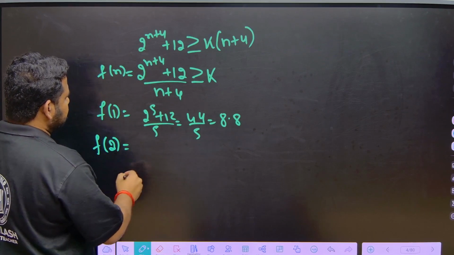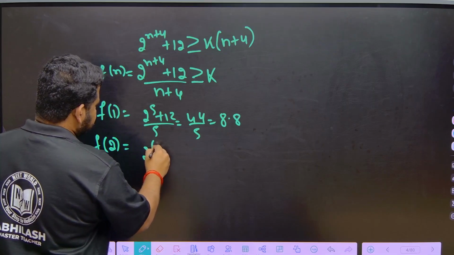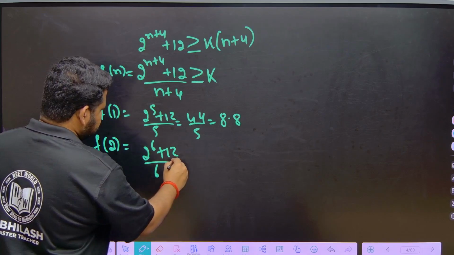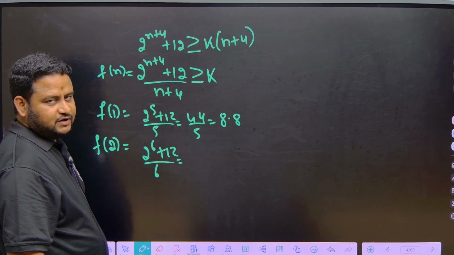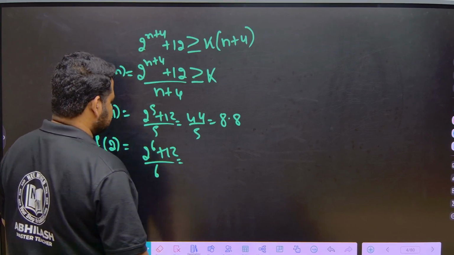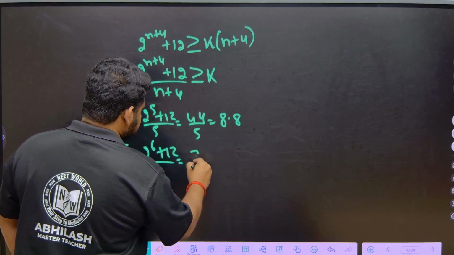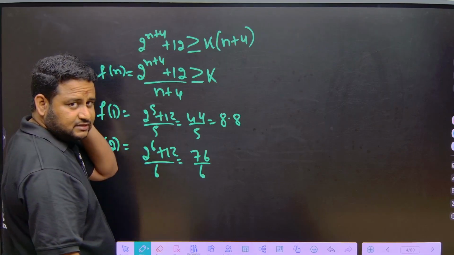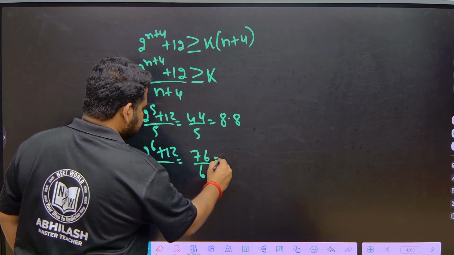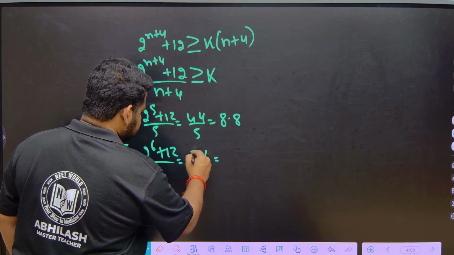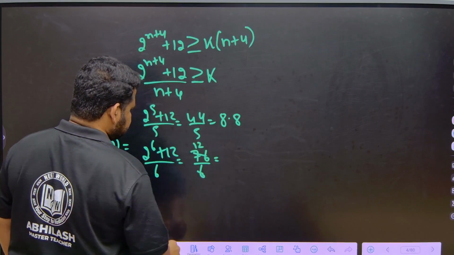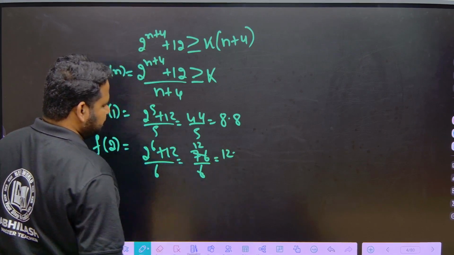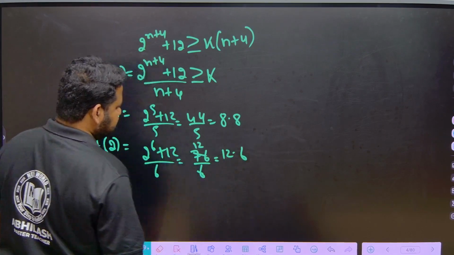Similarly, if I put f of 2, this will give me 2 to the power of 6 plus 12 divided by n plus 4, that is 4 plus 2 is 6. 2 to the power of 5 is 32, 2 to the power of 6 is 64. 64 plus 12 is 76, 76 by 6. 6 12s are 72, 4 is left, so this is 12.6.